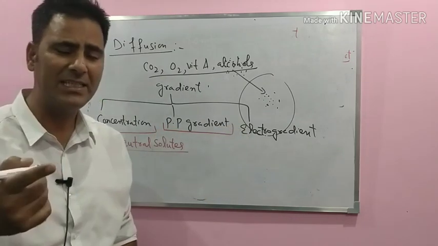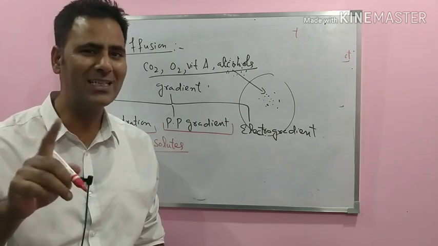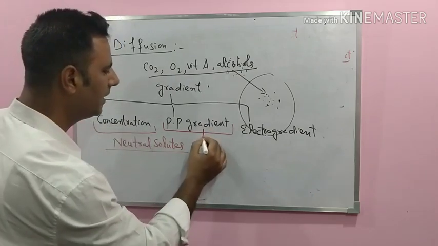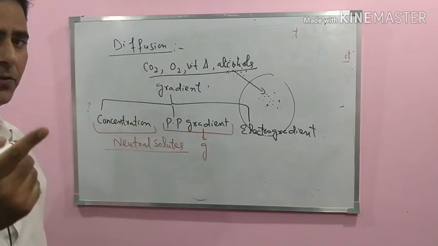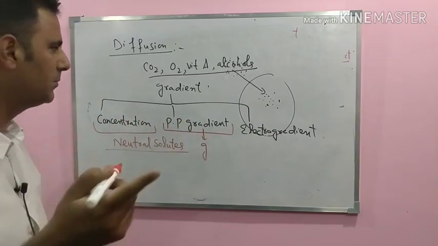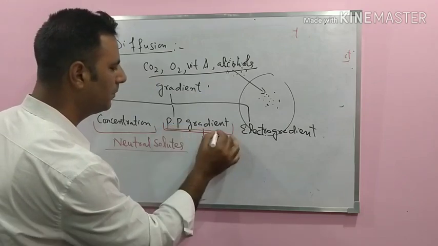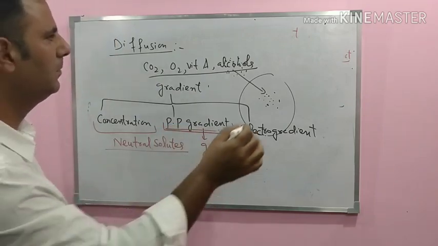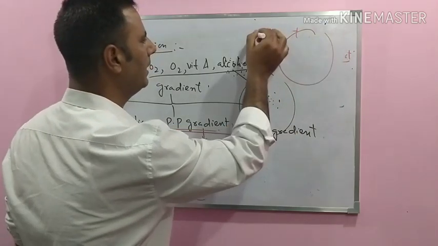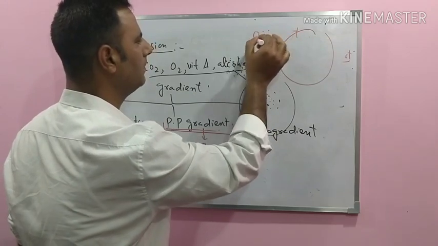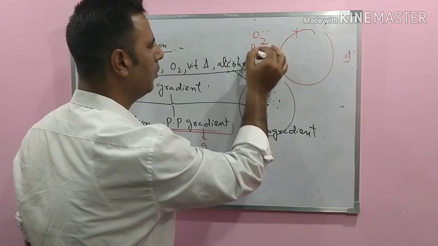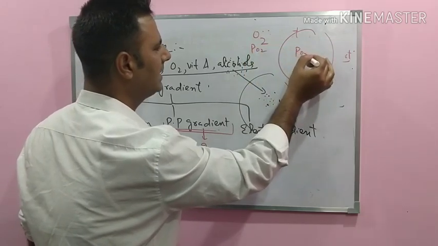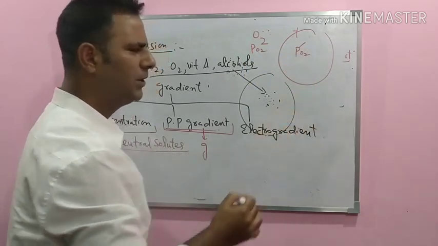So far as gases are concerned, there is no concentration gradient. The better term for explaining the gradient in terms of gases is partial pressure gradient. Partial pressure gradient means, for example, if the partial pressure of oxygen outside the cell is more and partial pressure of oxygen inside the cell is less, then what is going to happen?